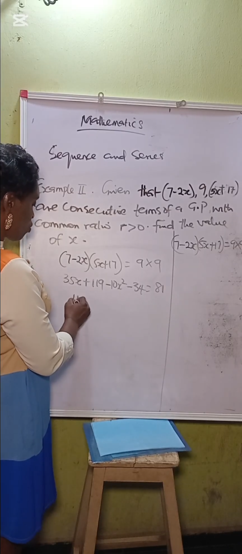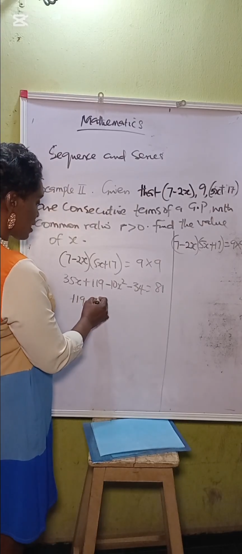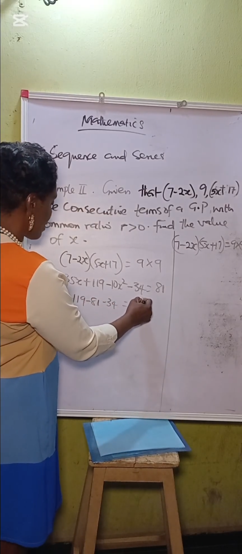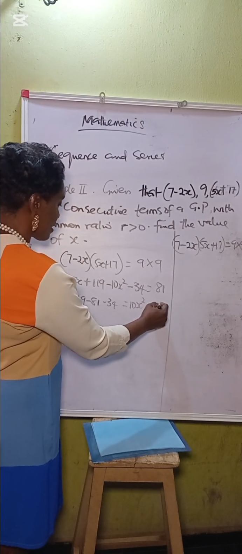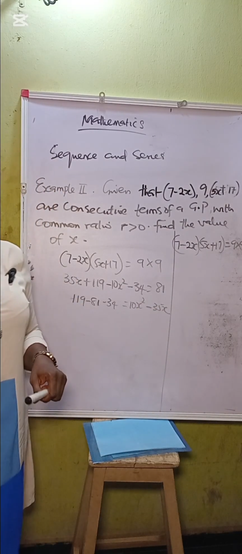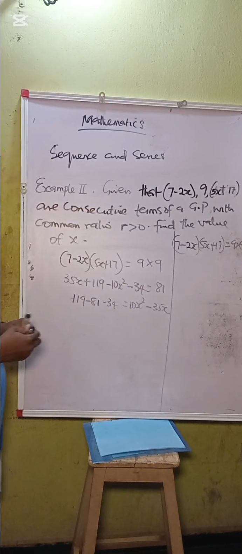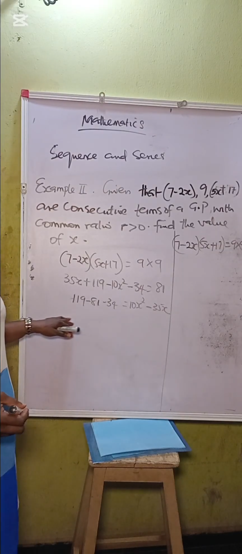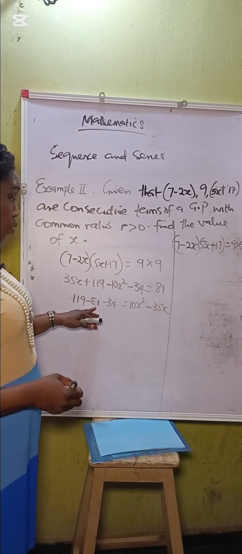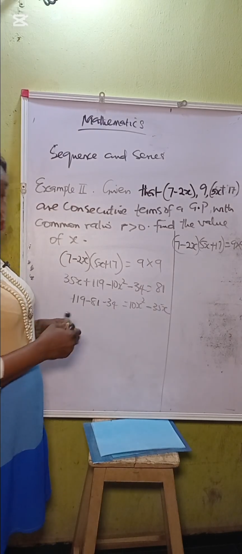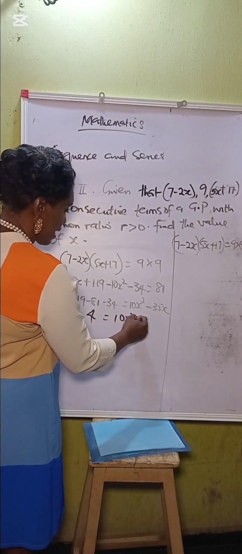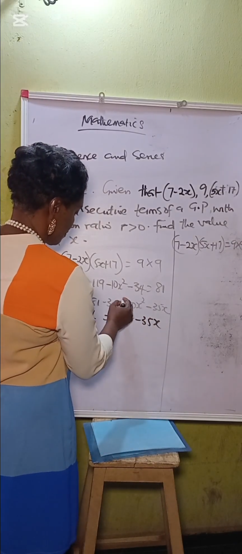So to simplify this, I have 119 minus 81 minus 34 is equal to 10x squared minus 35x. 119 minus 81 and minus 34 will give us 4, all equal to 10x squared minus 35x.